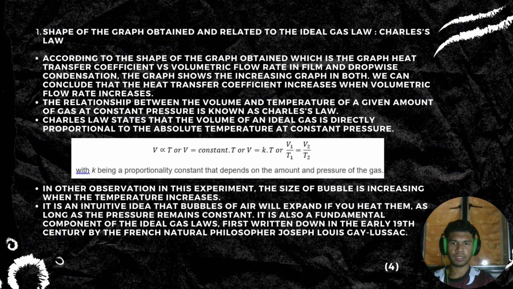It is an intuitive idea that bubbles of air will expand if you heat them, as long as the pressure remains constant. It is also a fundamental component of the ideal gas law, first written down in the early 19th century by the French natural philosopher Joseph Louis Gay-Lussac.